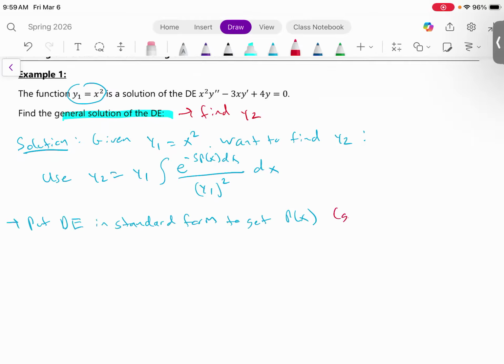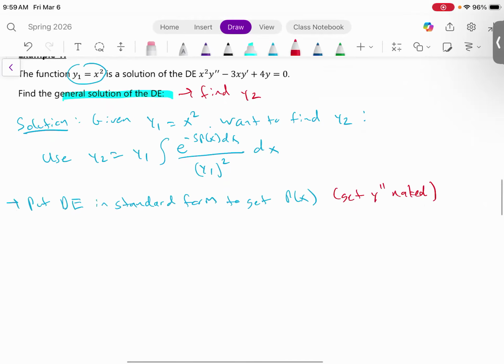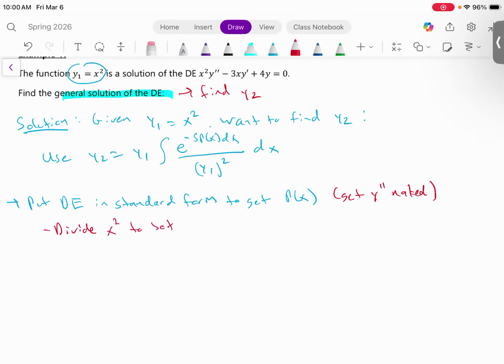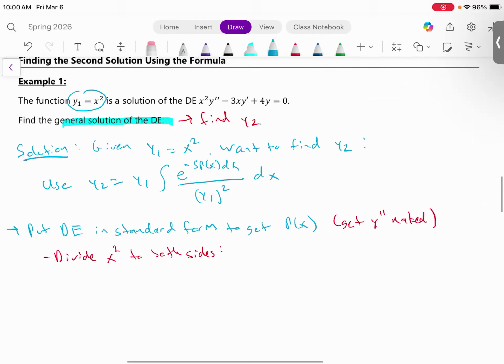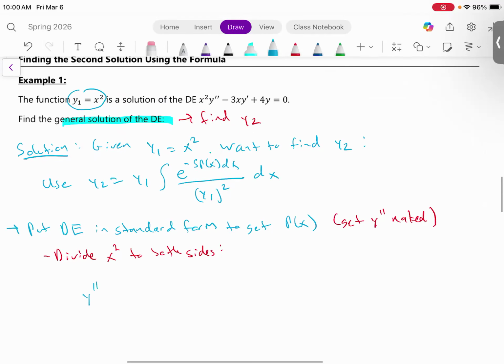So in other words, get y double prime naked. So what we're going to do is divide x squared to both sides. If I divide x squared to both sides, what I get is y double prime minus 3x over x squared, y prime, plus 4y over x squared equals just 0.